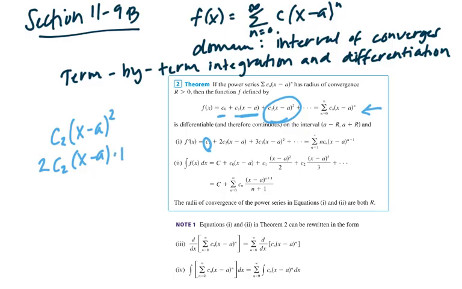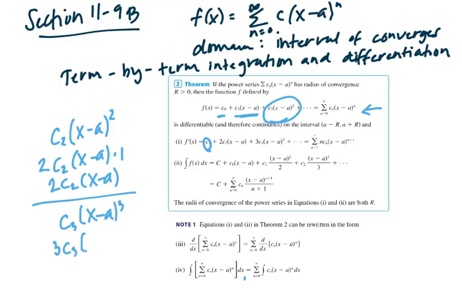So it's just 2c2 x minus a. Then the next term is c3 x minus a to the third, so the derivative would be 3c3 x minus a squared, times the derivative of x, which is 1.